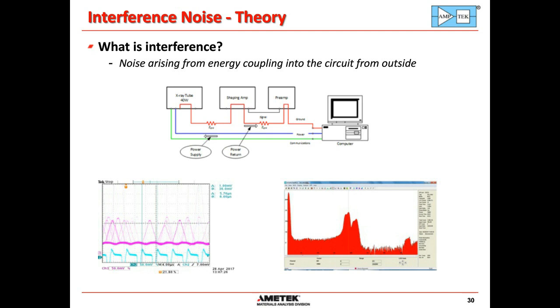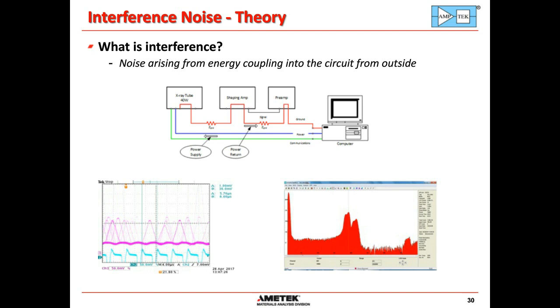And the issue is that there's some impedance in this ground connection. And so what happens is the current pulses out of the X-ray tube lead to a voltage difference between the preamp and the processor, and that causes noise. So the bottom right shows what I measure on my oscilloscope. My trapezoidal pulses are sitting on this baseline that looks almost sinusoidal, and it's in phase with the power supply ripple, which is shown in the green.